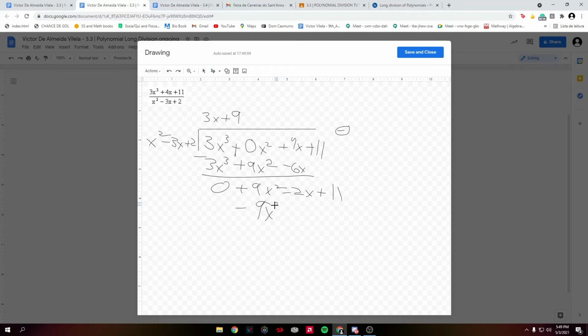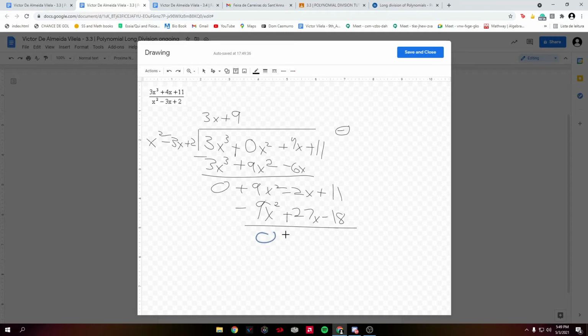Now that we have this one, we do the same process that we always do. So 9 times 3 is going to be 27. It's going to be positive 27x. And then we've got 18, which is negative 18. So it's 0.